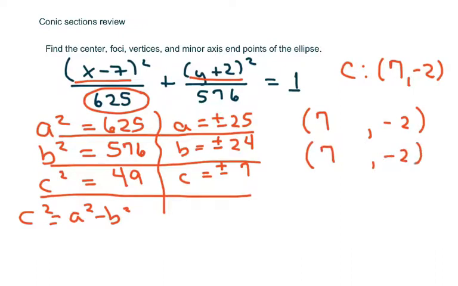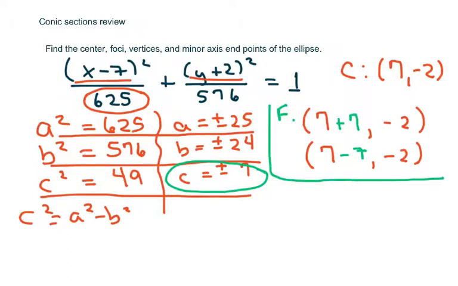And I'm adding my c and subtracting my c to the x part, because the x is the major axis. So I'm adding 7 and I'm subtracting 7. All right, so this is your foci.